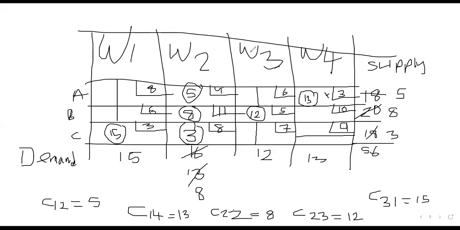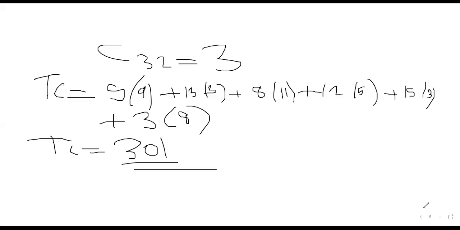So we are just simply multiplying these ones where we have the second numbers. All right. So this is how we have gotten the value of the total cost of 301. Our total cost is 301.